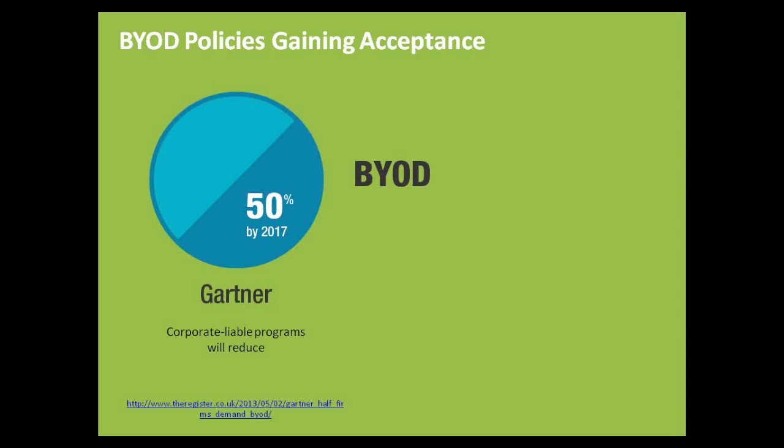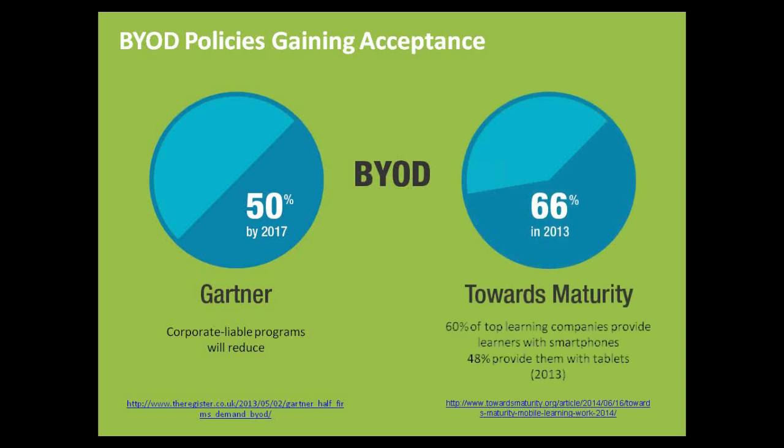And Towards Maturity also ran a study and published a report, In Focus: Mobile Learning at Work. And in that, they found that 66% of top learning companies that they surveyed did have a BYOD policy in place in 2013. So that does match with the trend that Gartner too was seeing.